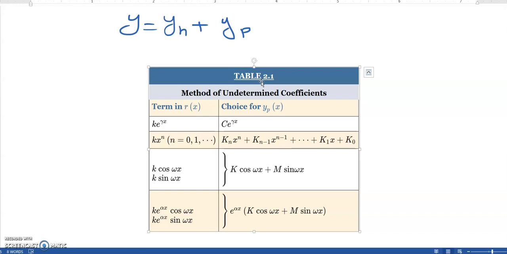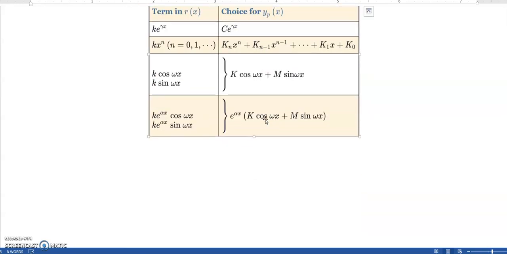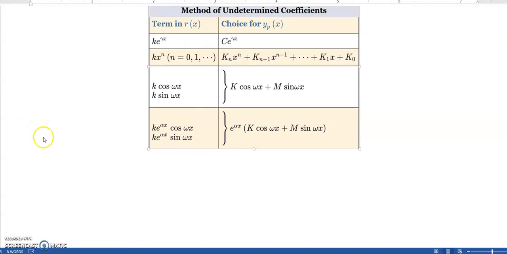There are also three rules which need to be followed, and I will explain the rules when I do the example. So let's go ahead, and then I can show you some numerical solution.